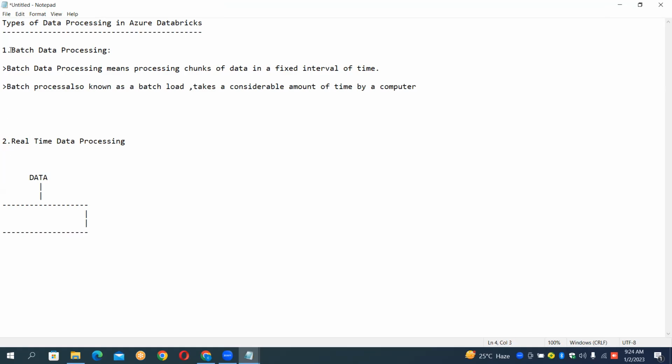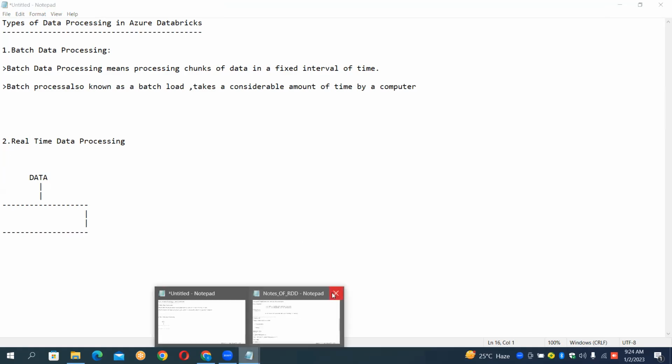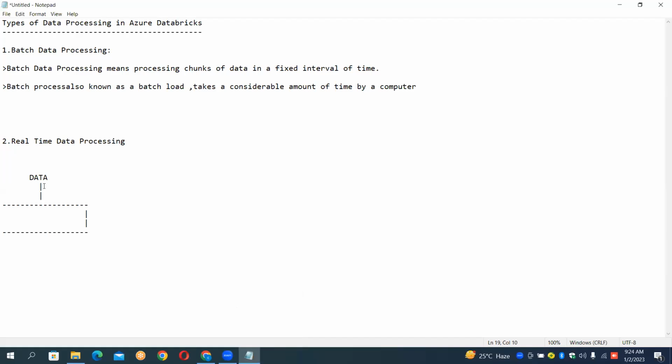What is batch processing and what is real-time processing? I'll explain it to you. No worries. You might have remembered it or not, that's not an issue. I'll explain it.